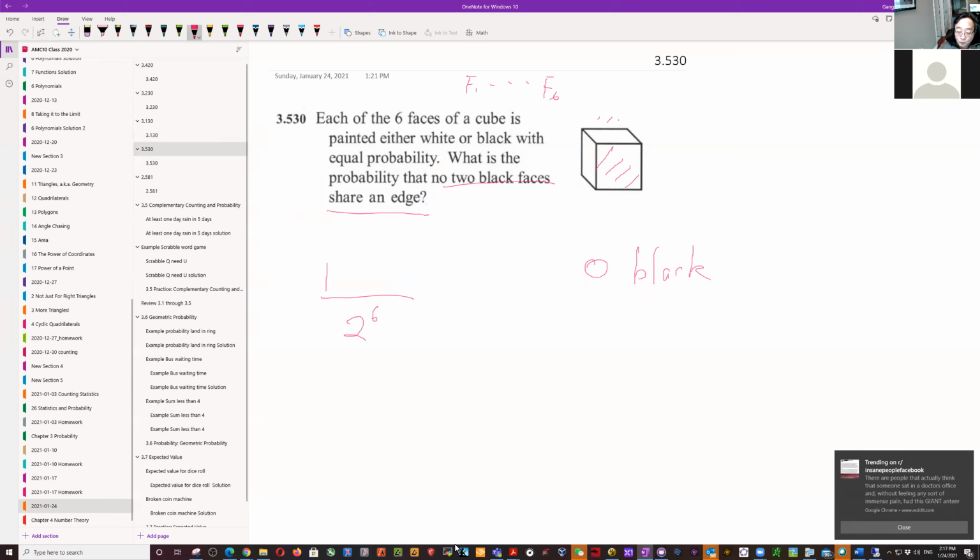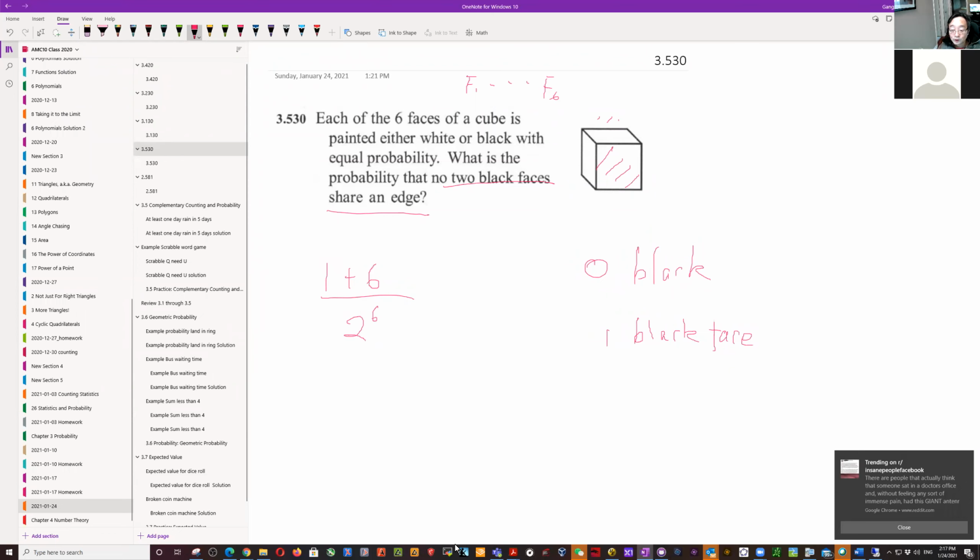Then if we have just one black face, it's still favorable because there's no other black face to share an edge with. How many cases do we have? Because we have 6 faces in this cube, we are free to choose which face is black, so we have 6 choices. So basically plus 6. Then we think about 2 black faces. For 2 black faces, we have 3 ways to do that.